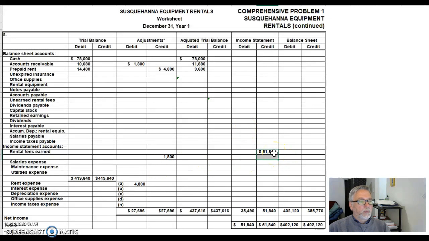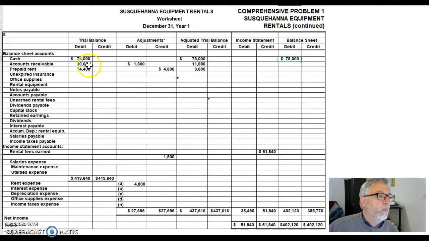So that's, and remember we had that 5140. So that's going to be on the income statement. What you end up with in the adjusted trial balance here is going to pull into these two columns, and then your balance sheet accounts are going to pull over into here. So we've got cash here, and cash here, and so that's going to end up pulling across like that.